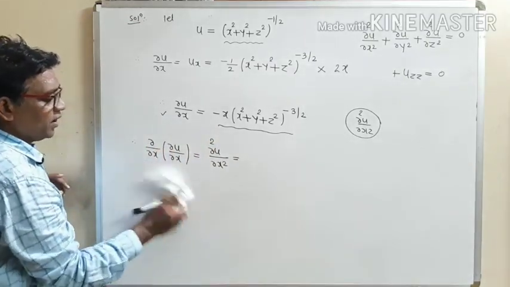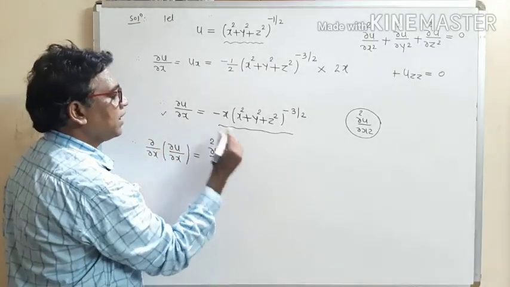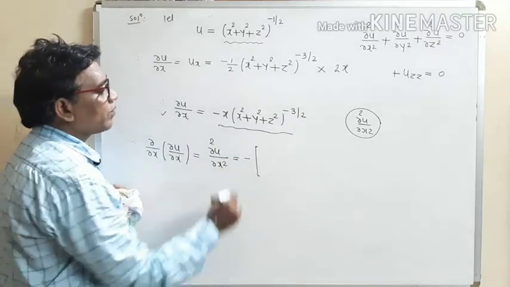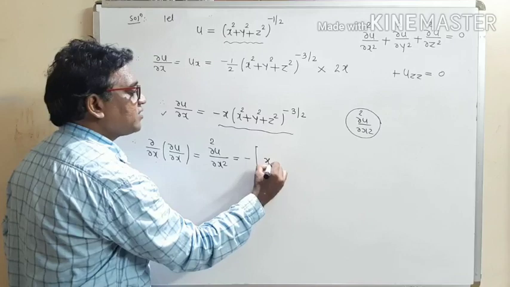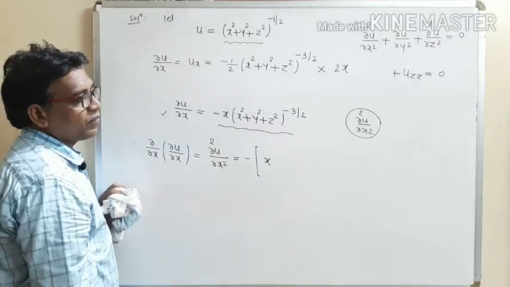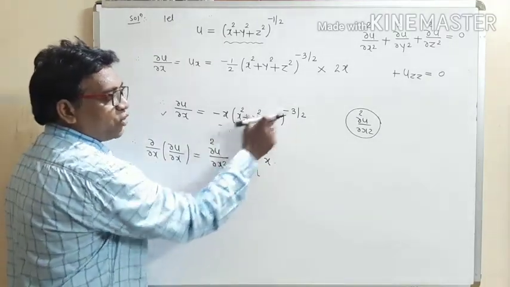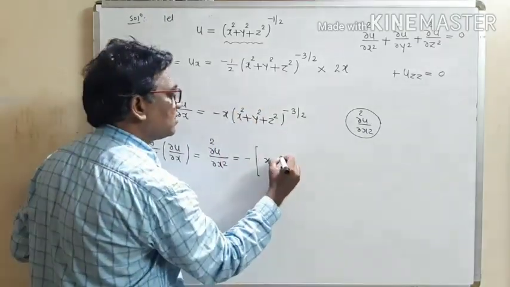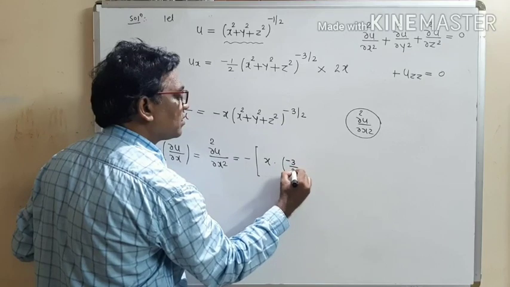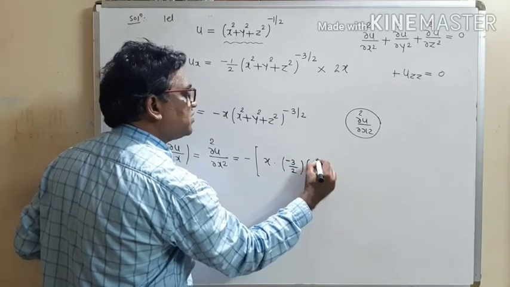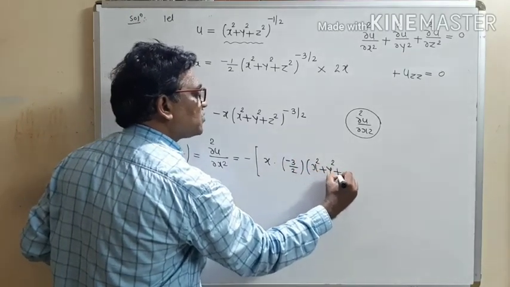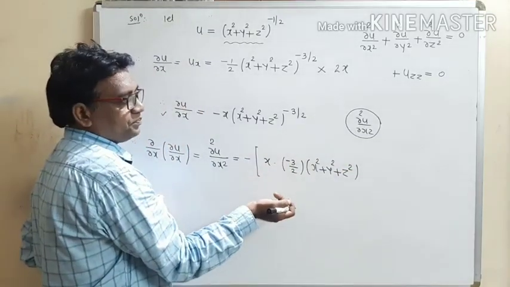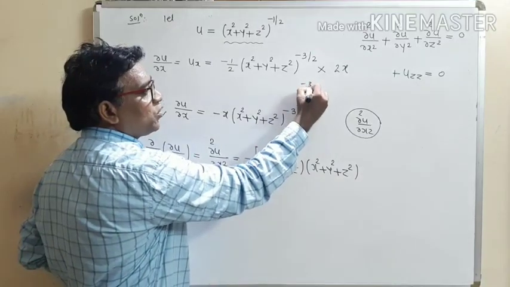So write down the product formula. So this is equal to minus, use the product formula, first term as it is, x into the derivative of the second term. So use the x raised to n formula, this is n times (x² + y² + z²) raised to n minus 1, minus 3/2 minus 1.